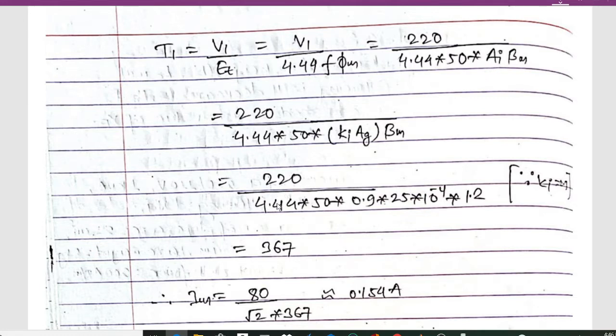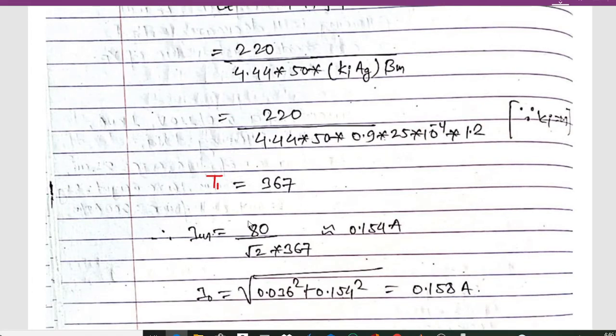In place of Ki you can write here 0.9, in place of Ag you can write 25 into 10 power minus 4, and in place of Bm we have 1.2 here. So all the data are given in the question, you just need to substitute the values. So on calculation we have obtained the value of T1 as 367.